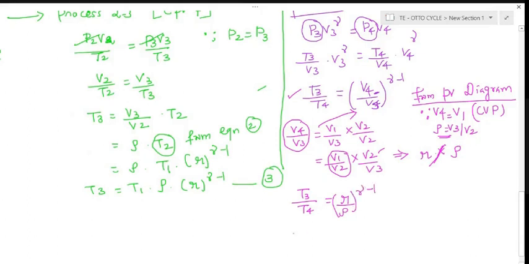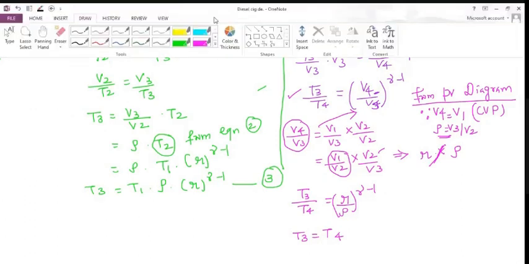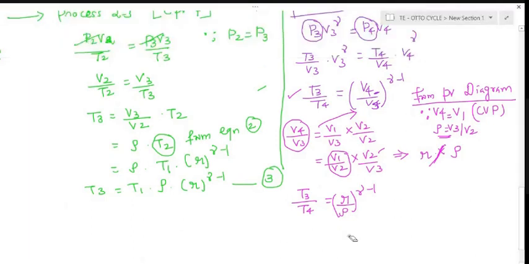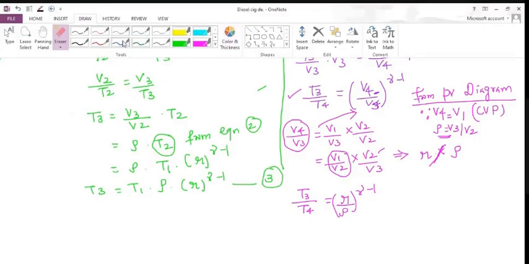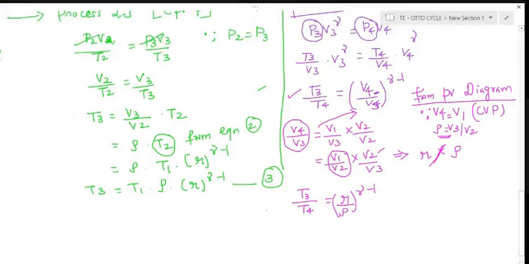So T4 equals T3 divided by r by rho power gamma minus 1.